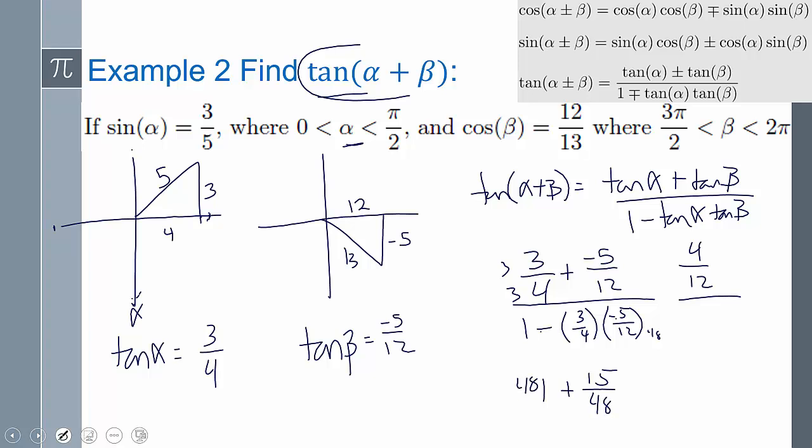So the common denominator is 48 over 48. So 48 plus 15 is 63, and that's going to be over 48. Now this 12 and this 48 will reduce. That's the reason why I left it alone, because it would reduce. That's going to be 4, and this becomes a 1. As the shortcut, these two multiply, and you're going to get 16 over 63.